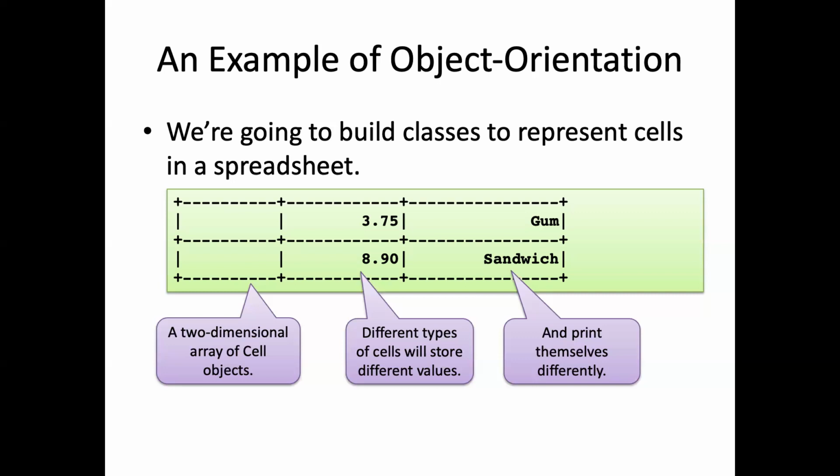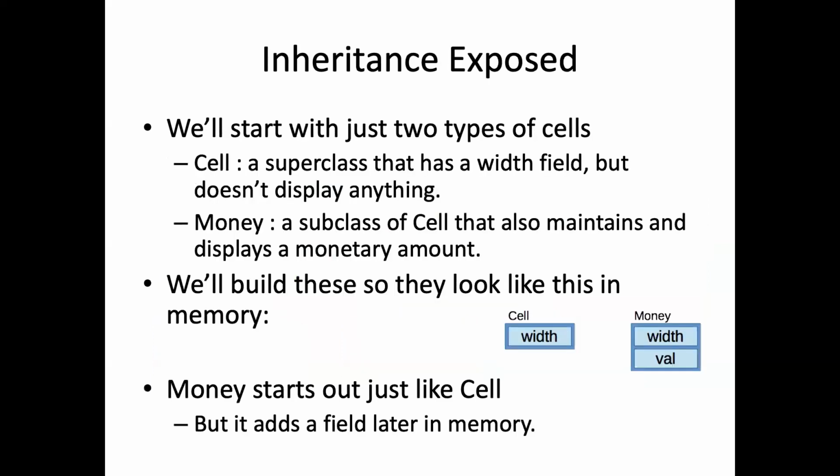So we're going to make a superclass that represents an arbitrary cell, and we're going to implement our own subclasses for this. And we want these to exhibit inheritance. We want to be able to build a spreadsheet where the cells can be filled with different types of objects. So how are we going to do this? Well, we're going to define two different structs.